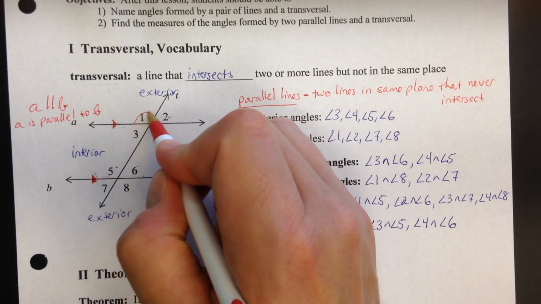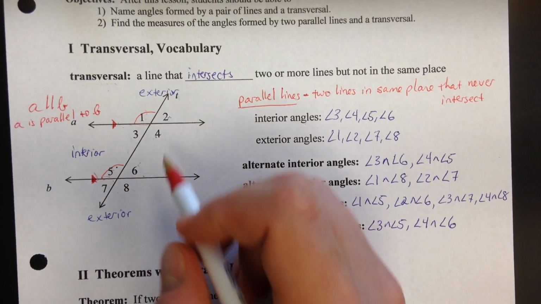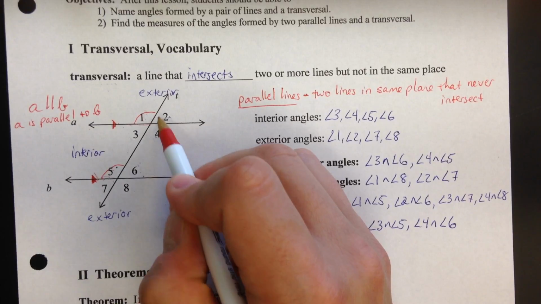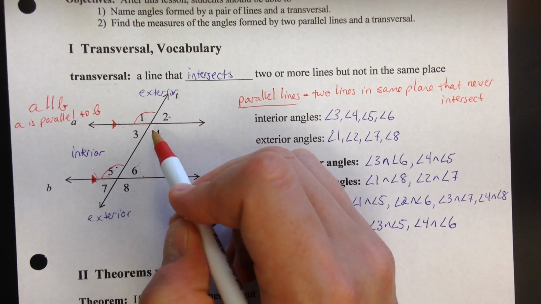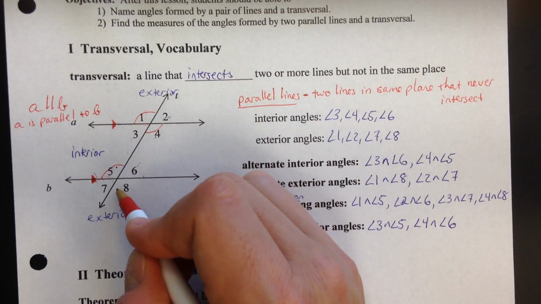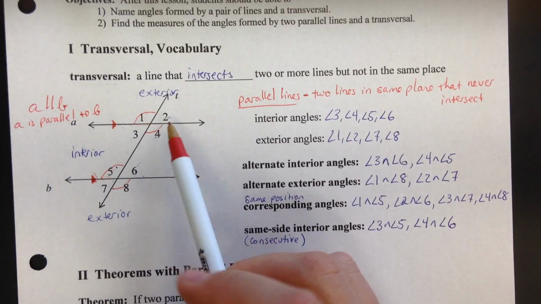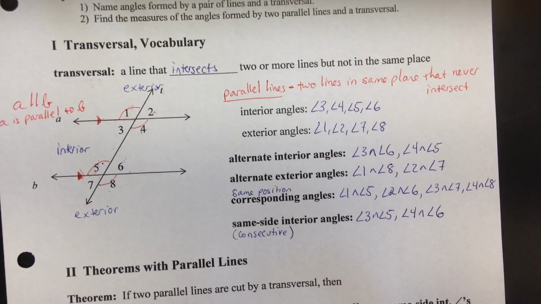So if 1 and 5 are congruent, but you also know, remember vertical angles, when two lines cross, the vertical angles are always congruent. So angle 1 and angle 4 are congruent, and angle 5 and angle 8 are congruent. So all four of these angles are going to be congruent.